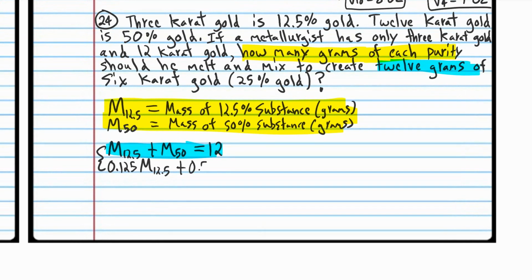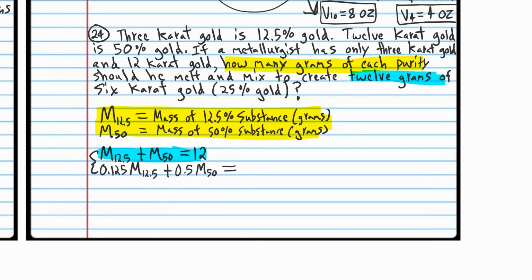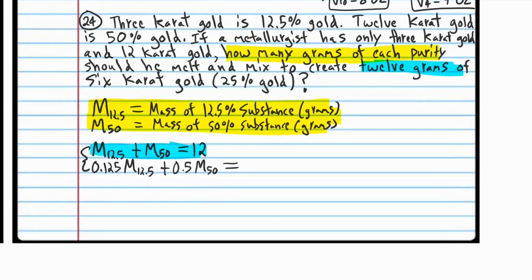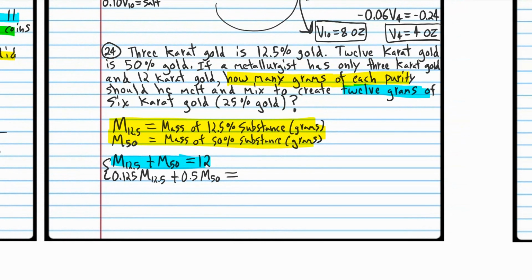And we're going to take the gold in the 50% gold substance, and we're going to add that up. The bottom equation is just talking about gold. This is talking about the gold and the other metals inside it, so it's talking about all the metals. But this equation is only talking about the gold. So we're trying to take the percent of the mass that's actually gold.